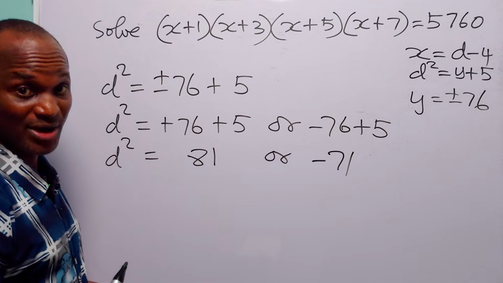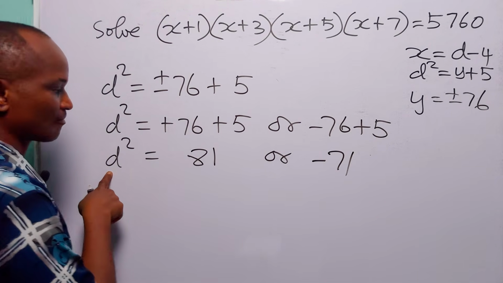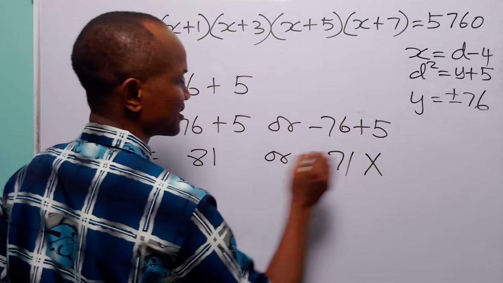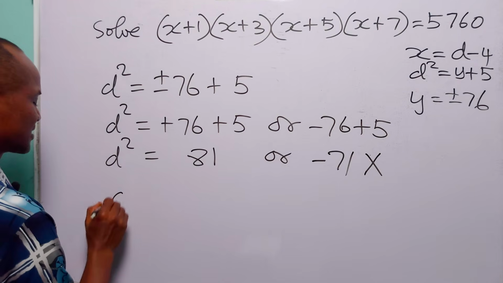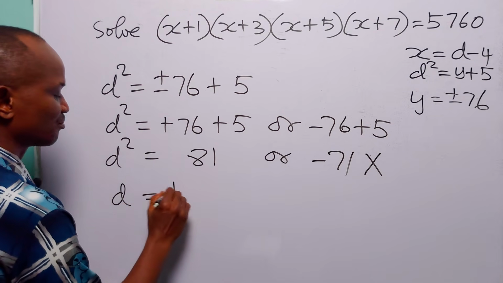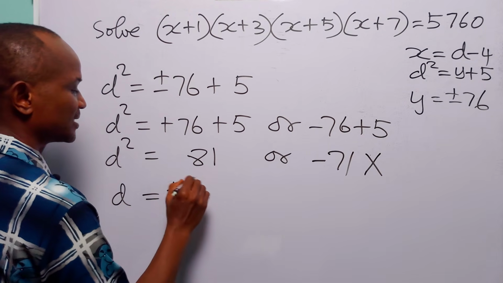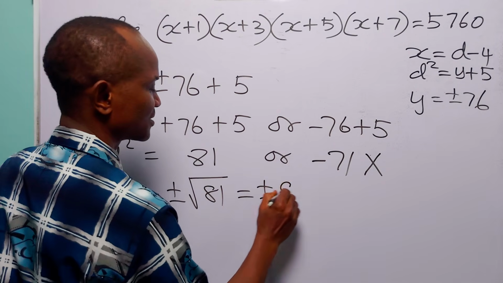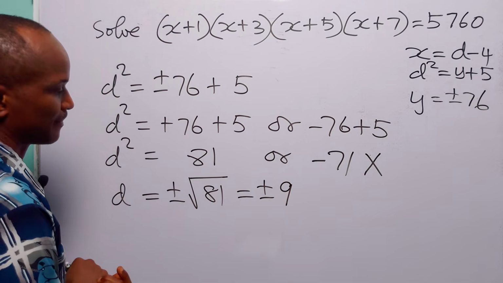Now, you know that for real values, d squared cannot be negative, so this is rejected. From here, we have that d is equal to plus or minus the square root of 81, which of course is equal to plus or minus 9.